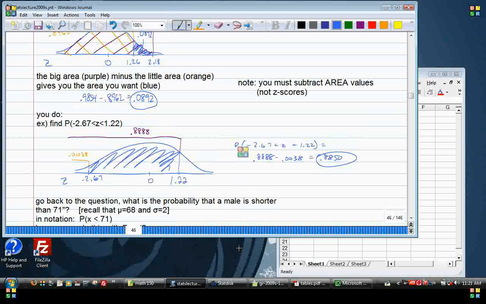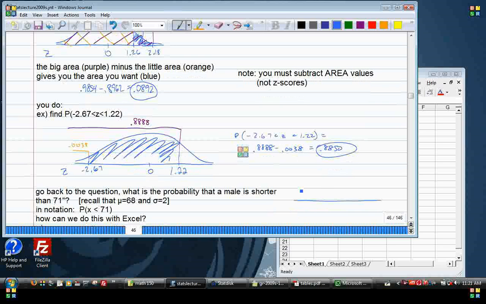Okay, let's draw a graph. That's a good idea. Alright, here's a graph, and what do we label on the graph?